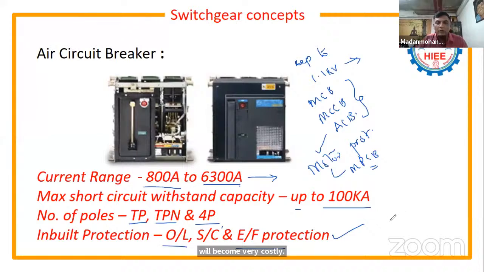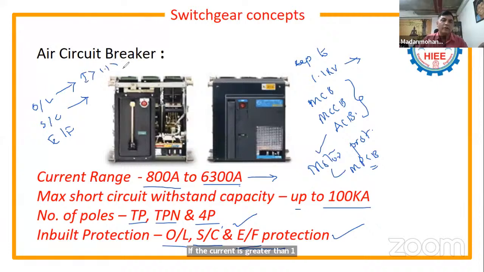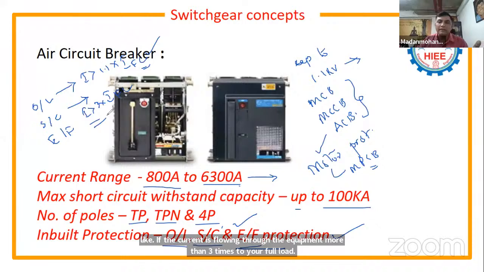So the protection provided with ACB is overload, short circuit, and earth fault. Overload is when the current is greater than 1.1 times your full load current. Short circuit is when the current flowing through the equipment is more than 3 times your full load current. So we consider that as a short circuit current.